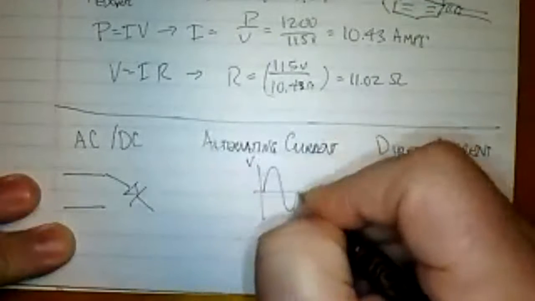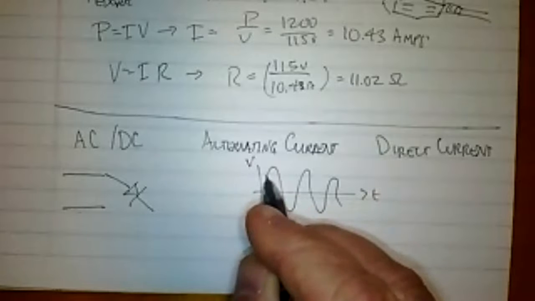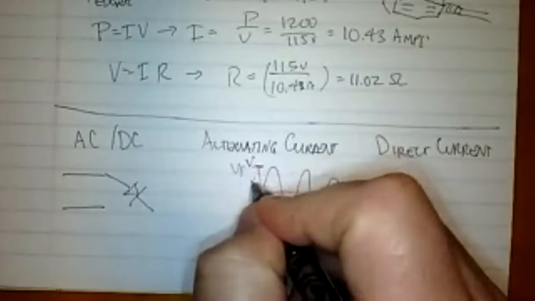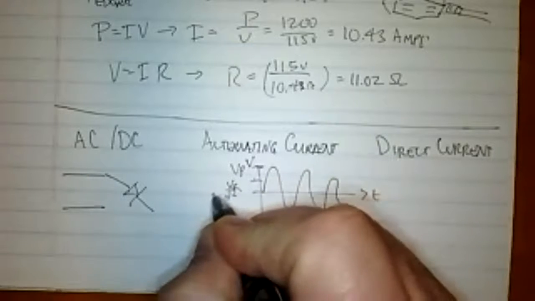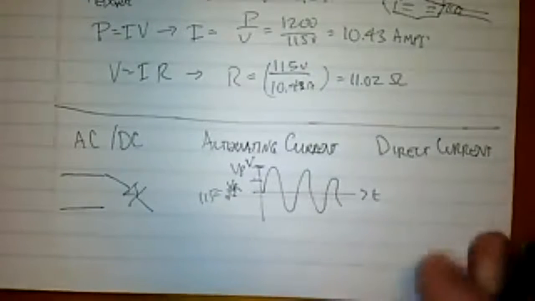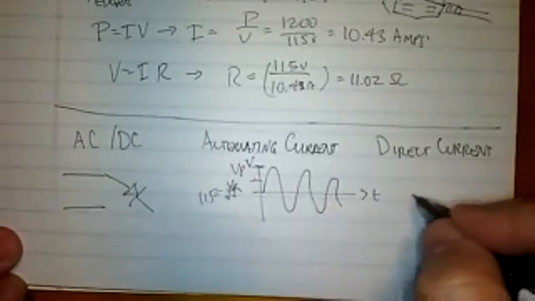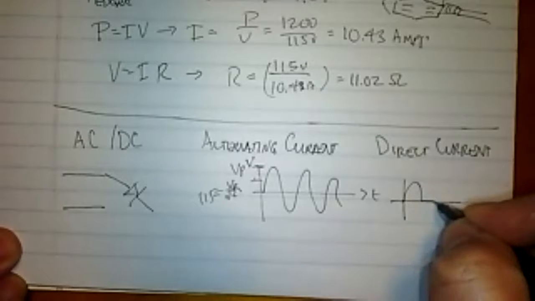The AC would look like this, nice and smooth, with a peak voltage V peak. If you take the peak and divide it by the square root of 2, that's the 115 that we use, the root mean square. When you run it through the diode, what you've done is cut off the negative.